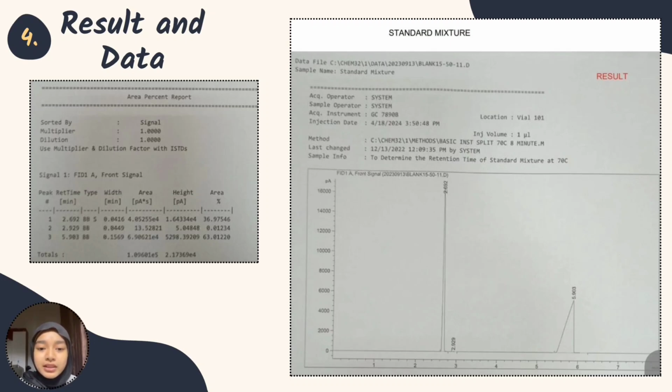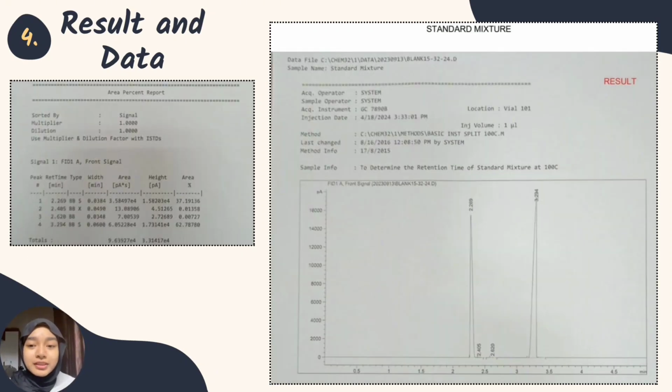This difference in retention time occurs because each compound has different volatility and interaction with the stationary phase of the column. These retention times are used as reference values to identify the same compounds in the unknown sample.